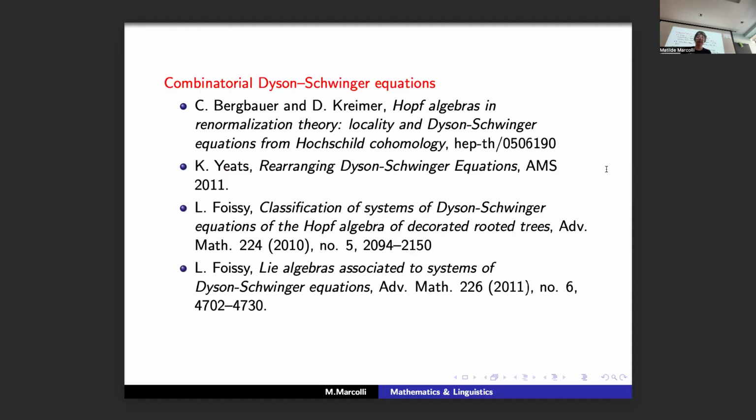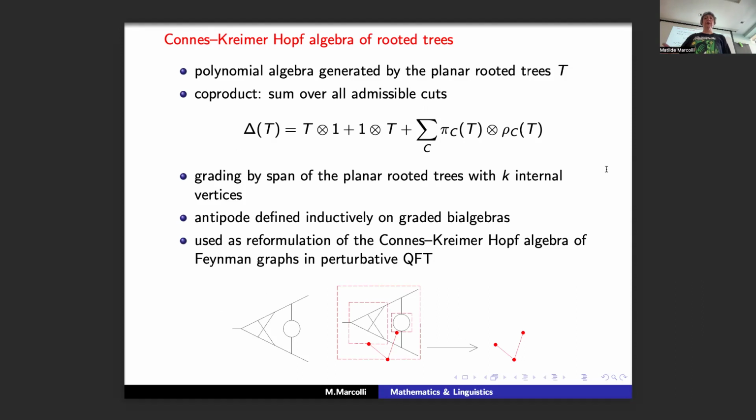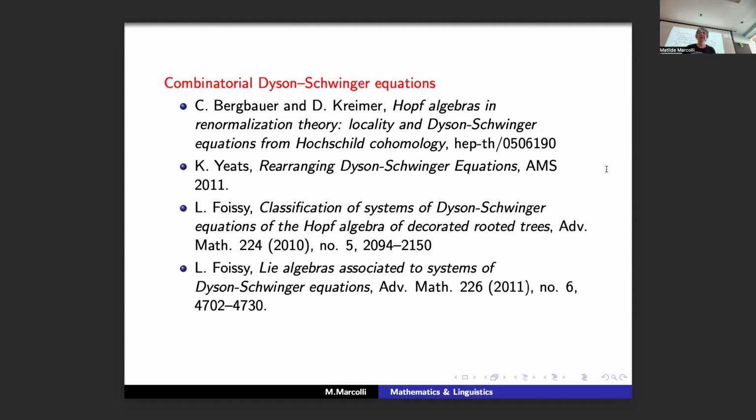Okay, so passing from this formulation with the Hopf algebra of graphs to this corresponding formulation of the Hopf algebra of trees labeled by Feynman graphs is actually useful for formulating these combinatorial Dyson-Schwinger equations in quantum field theory. This was also done a few years after this algebraic formalism was introduced to describe renormalization.